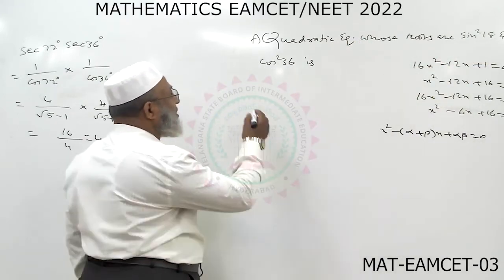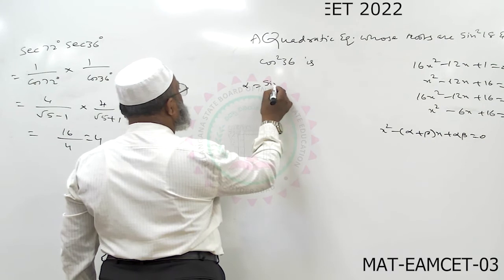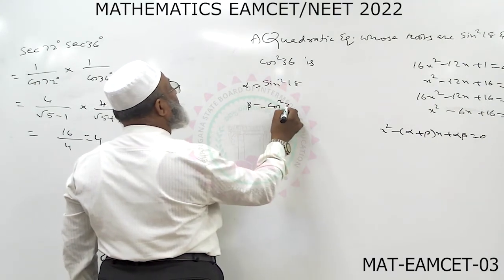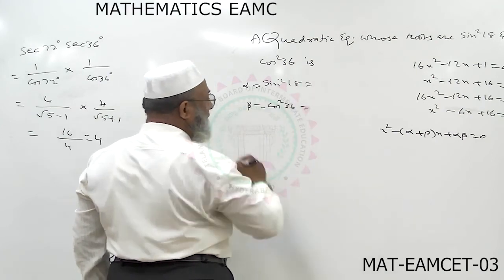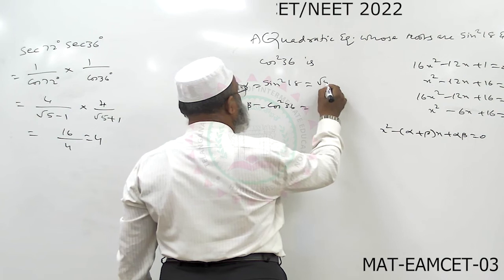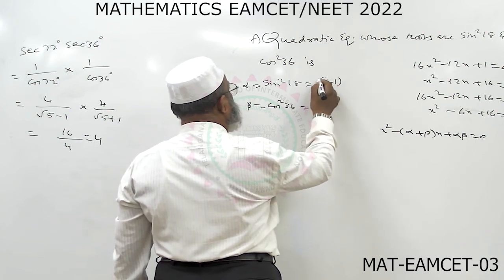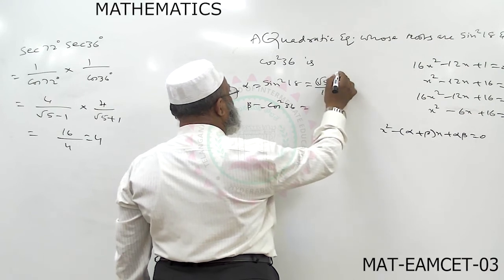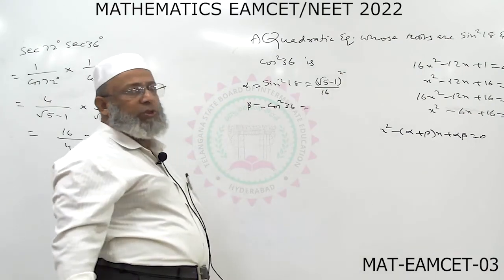So, one root alpha is equal to sin square 18, beta is equal to cos square 36. So, sin 18 is equal to root 5 minus 1 by 4. Root 5 minus 1 by 4, squared, 4 square is 16.